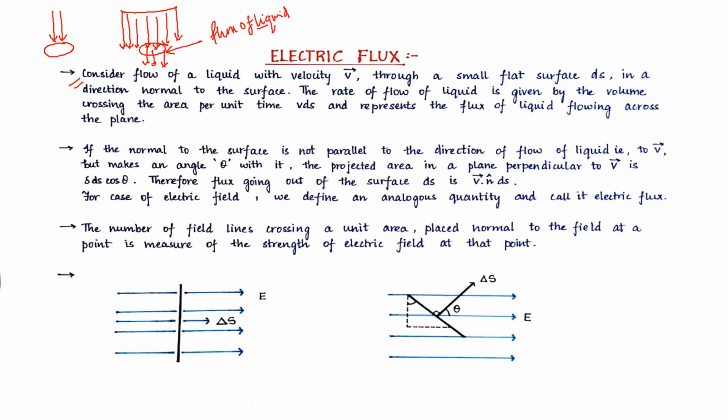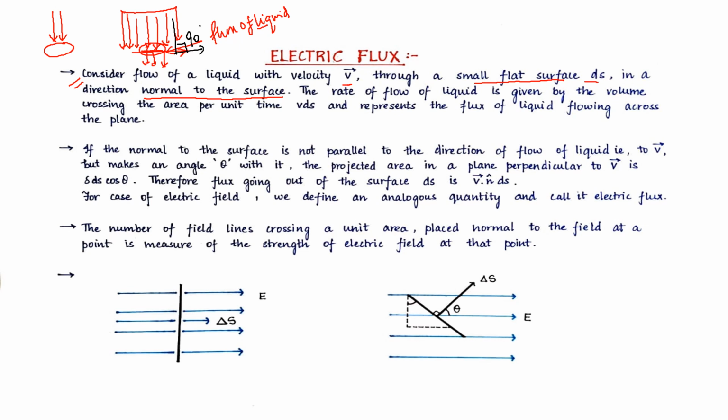So let's read the first statement. Consider a flow of liquid with velocity v through a small flat surface, that is ds, in a direction normal to the surface. If this is the surface, this is the direction which is making a 90-degree angle with it. See, this is the direction making a 90-degree angle, that is normal.